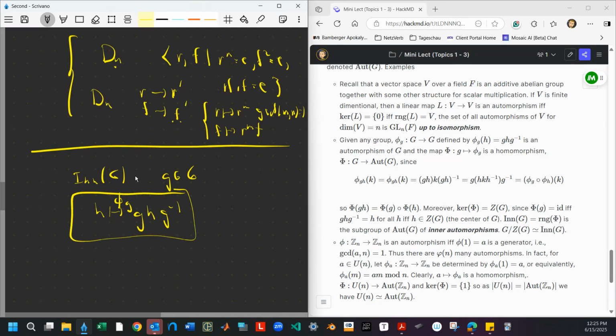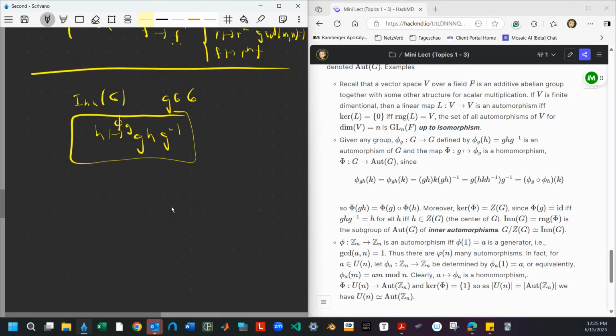And let's verify some properties of this. Let's verify that phi_{gh} of k, okay, so now I need two things. So this is going to be g h k (gh) inverse. Now we do an inverse, we flip things around. So this is g h k h inverse g inverse.